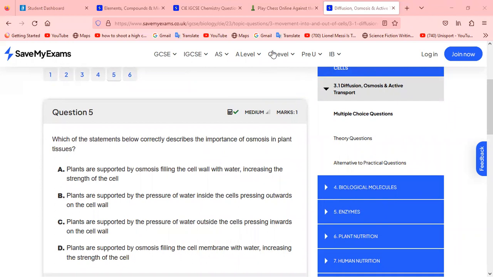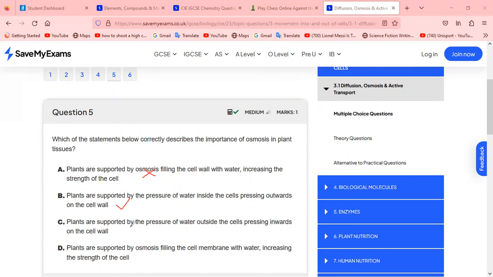Which of the statements below correctly describes the importance of osmosis in plant tissues? Plants are supported by osmosis, filling the cell wall with water, increasing the strength. No. Plants are supported by the pressure of water inside the cells, pressing outwards on the cell wall.